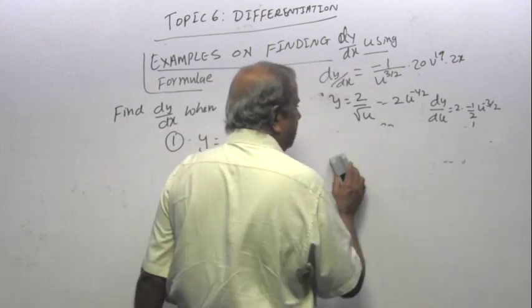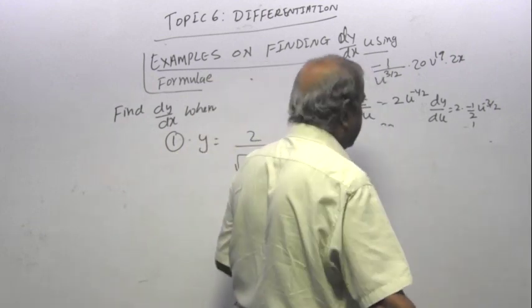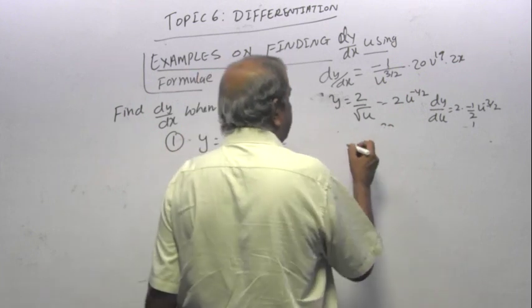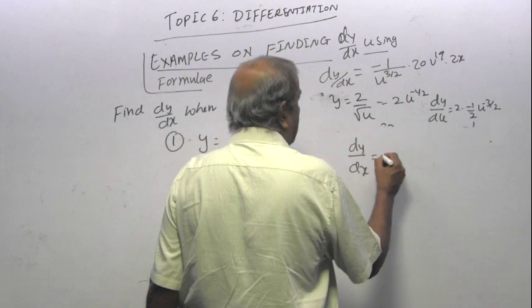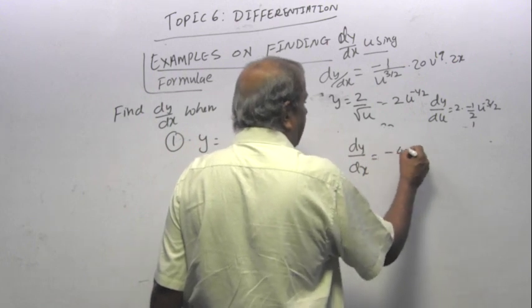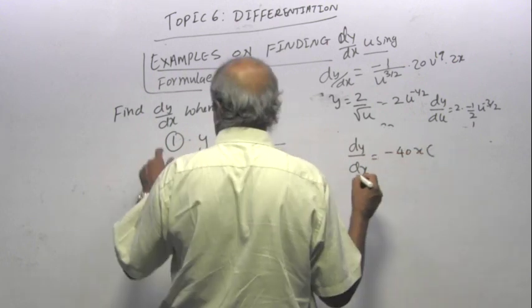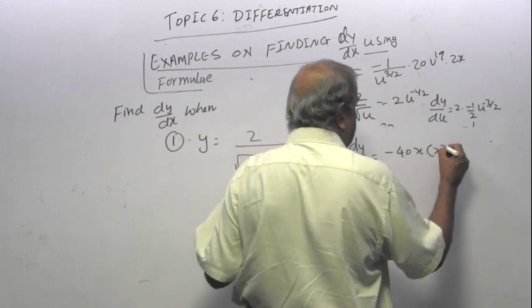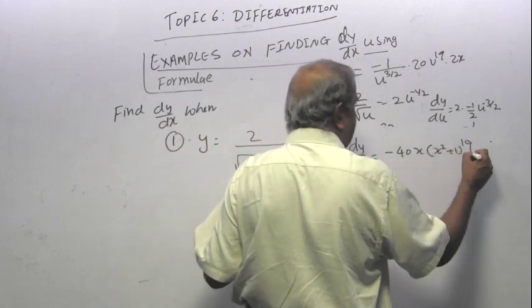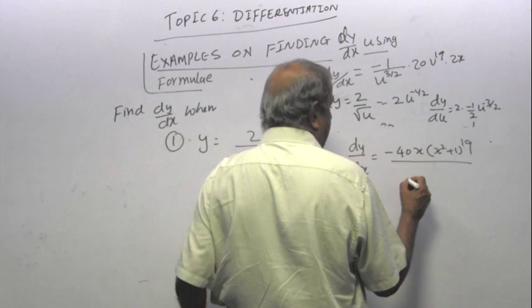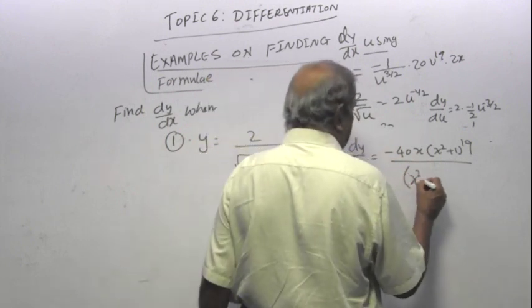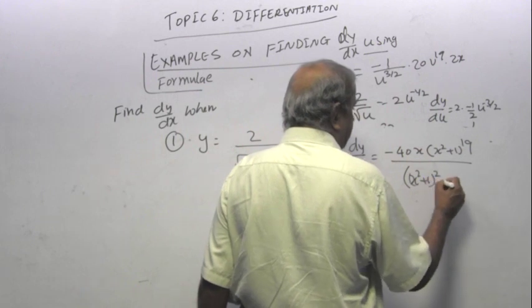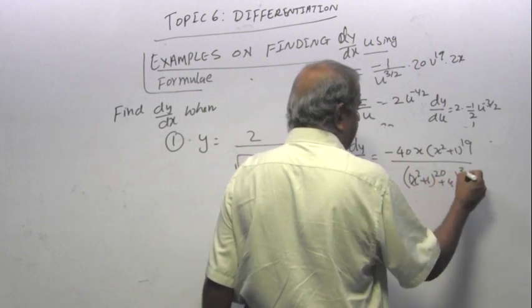I want to write the dy by dx here and leave it so we can cross check. So dy by dx equals minus 40x times (x squared plus 1) power 19 divided by, what is u? ((x squared plus 1) power 20 minus 4) power 3 over 2.